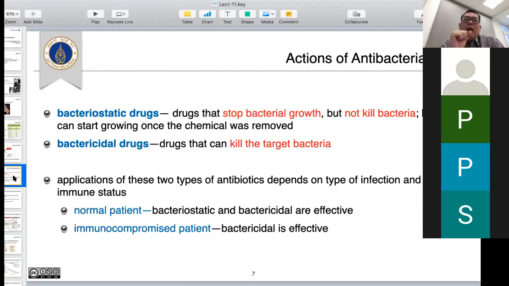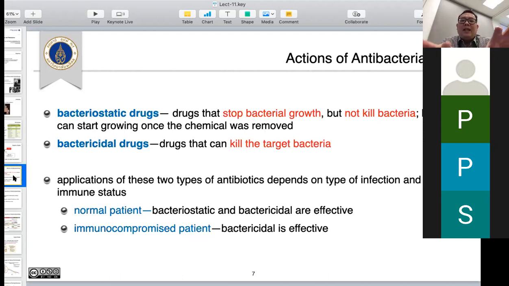Why do we need to have two types? Generally, in a normal patient, just like you guys, healthy, one day you probably coincidentally get infected. So the doctor might give you a bacteriostatic drug to stop bacteria from growing more than this, and wait until your immune response clears all bacteria from your body. Okay, that's the perfect one.